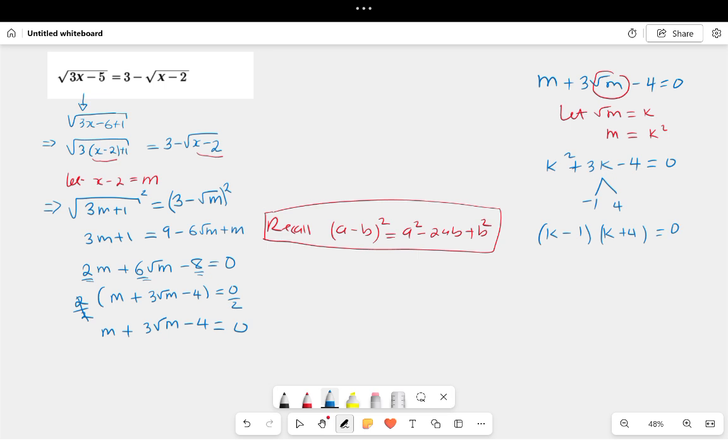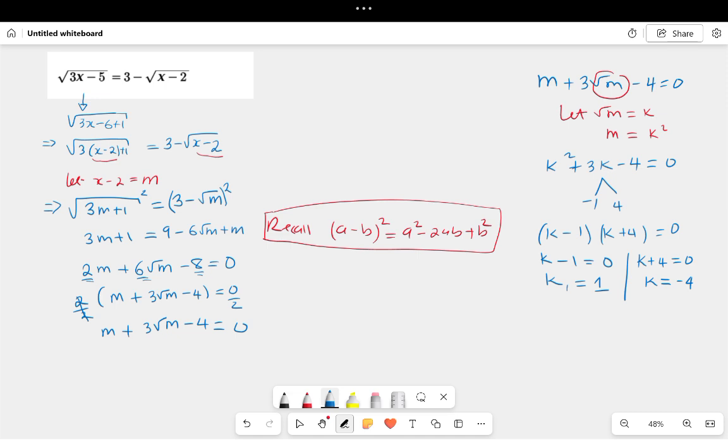Therefore, k minus 1 equals 0, and the first answer for k will be equal to 1. But we also have k plus 4 equals 0, and k will be equal to negative 4.